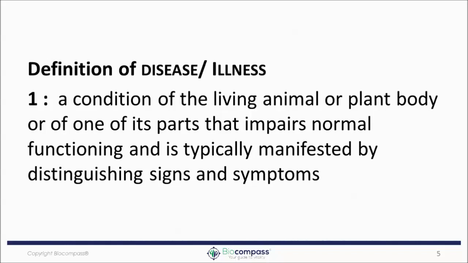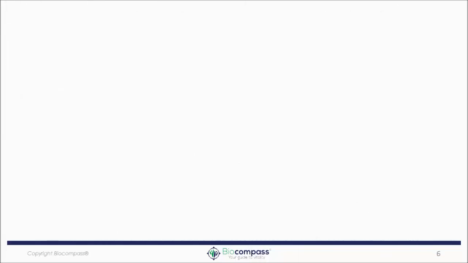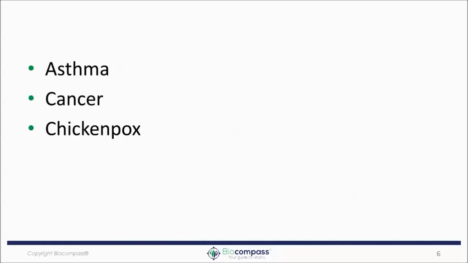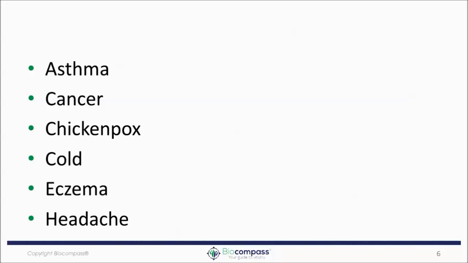Typically, not always, but the definition revolves around it impairs normal functioning and it might be manifested by recognizable signs and symptoms. Let's take a few examples of a disease or an illness. Asthma is a disease or an illness. Cancer, chickenpox, cold, eczema, and a headache.